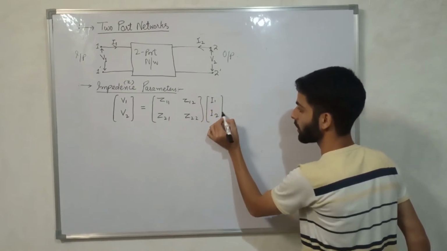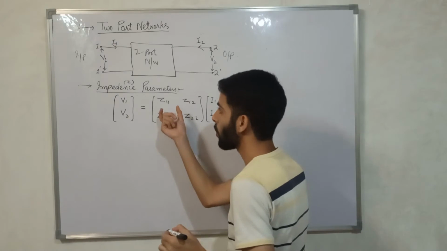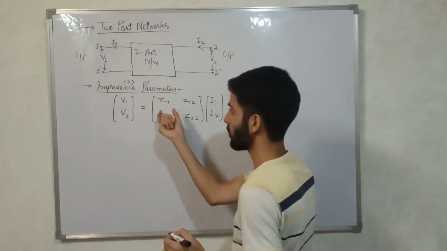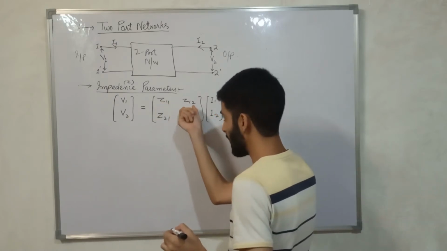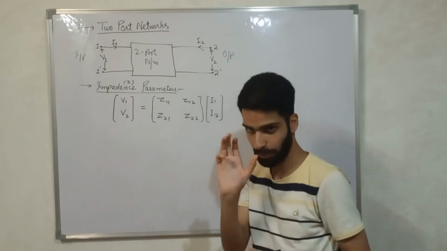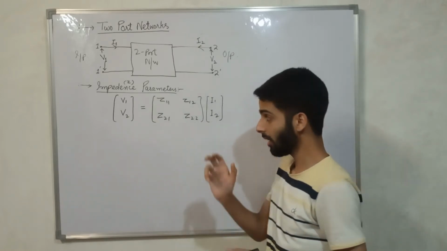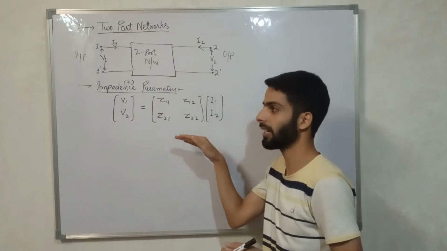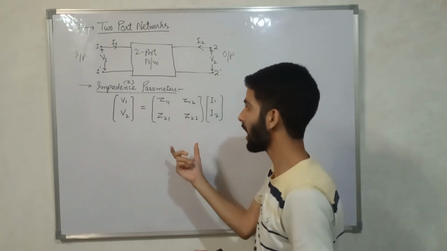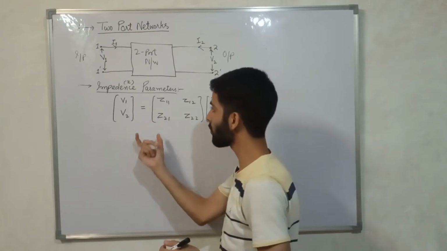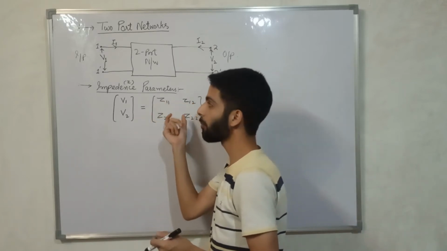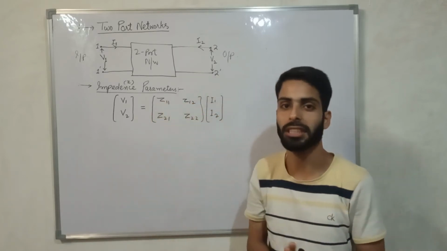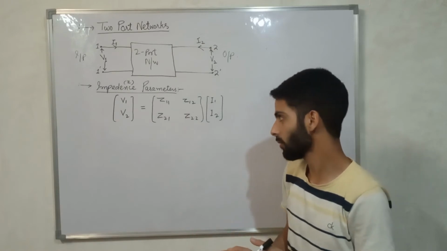Each of those impedance parameters has got a specific name, but naming them at this point of time will be inconvenient. Let us see why. First of all, we shall conclude what each of those impedances mean, and then we shall give them the nomenclature. Okay.